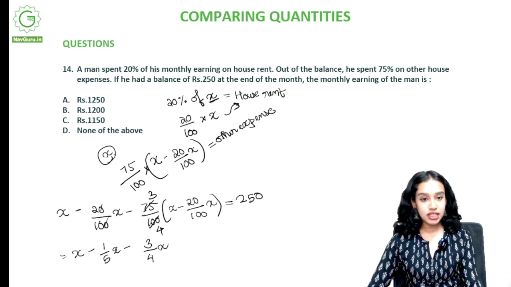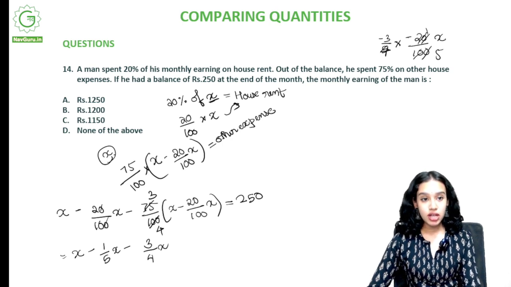So we have negative 3 by 4 into minus 20 by 100X. Here we'll get this as minus 1 by 5. So minus into minus becomes positive. So 3 by 20X plus 3 by 20X is equal to 250, right?